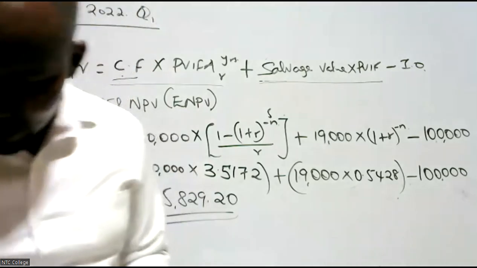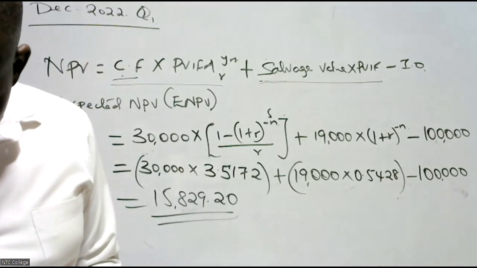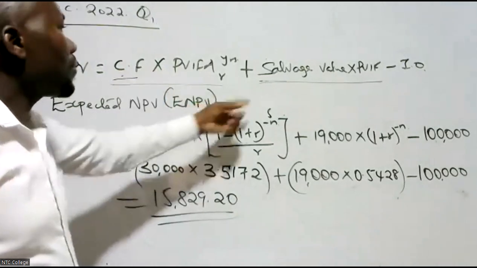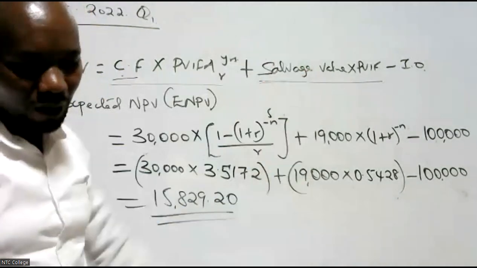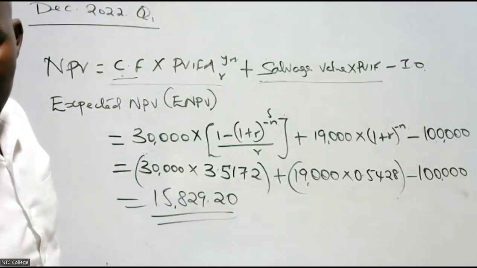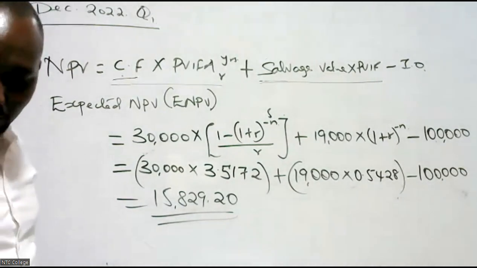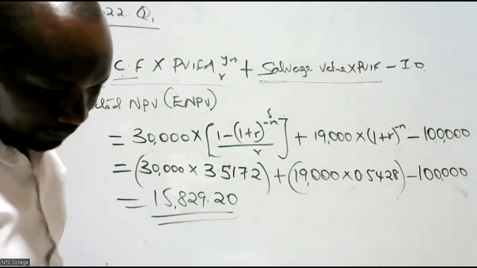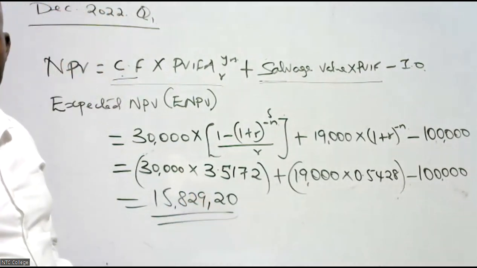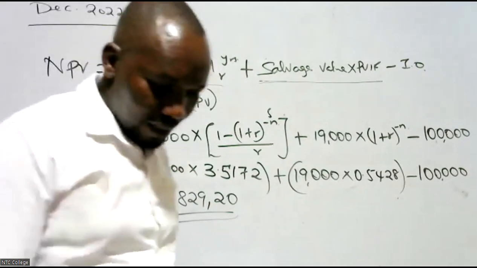You get it by multiplying or getting the expected figures, expected cash flow, expected salvage value, expected IO, and such like things. I hope that you guys are now okay. It's 29,200, 200, not 20. Is that what you are getting? If that is what you are getting, that is fine.